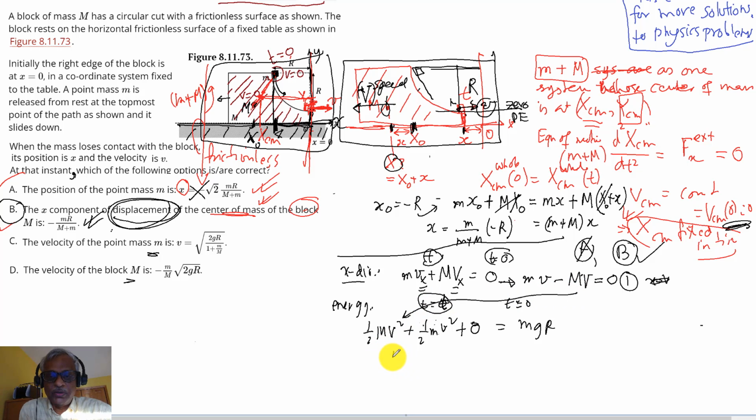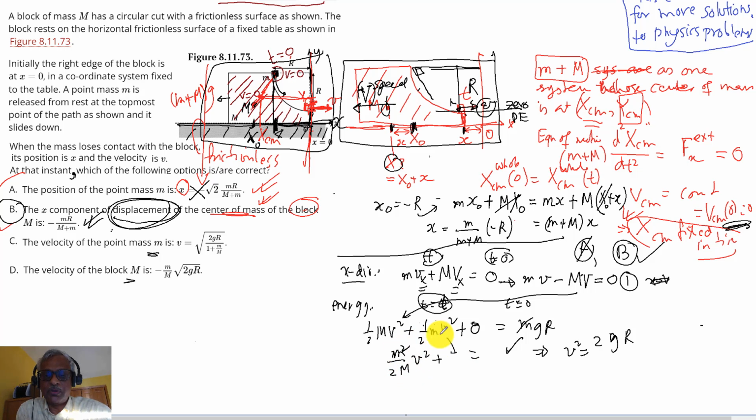So we'll get 1/2 capital M and little m, v squared plus this equals this plus this. So that's going to be v squared equals, m will cancel out from both sides, so that will be gr. 2 will go on the other side, and you will have an m squared here.